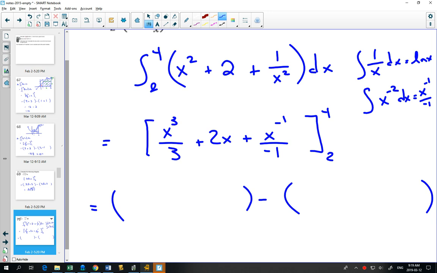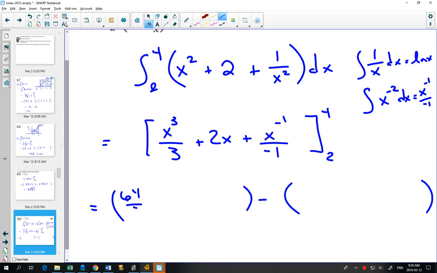Because if I had negative x to the negative 1 and I wanted to find the derivative, I can bring the exponent out in front and subtract 1 from the exponent. My derivative is 1 over x squared. So the power rule only doesn't work when you have a 1 over x or an x to the minus 1.